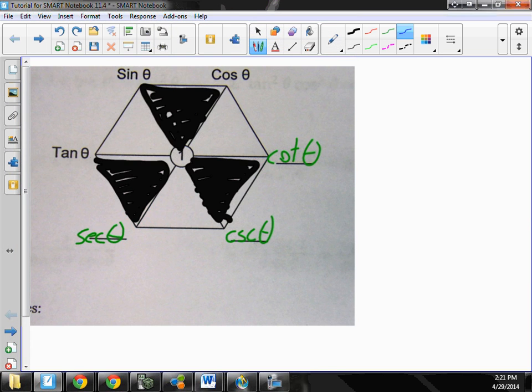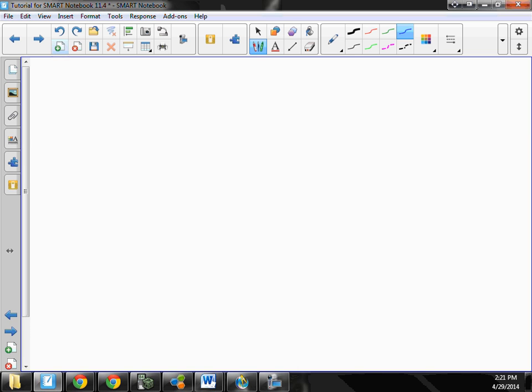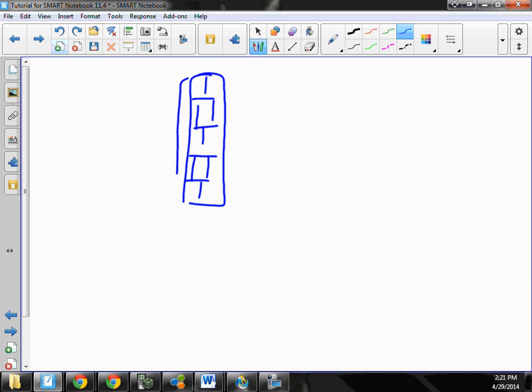Okay, the next one, Pythagorean identities. So put your pencils down for a second. Let me show you something. Those of you who are in my class, you might remember this. Last year we talked about having a wall, and up against the wall was a ladder.